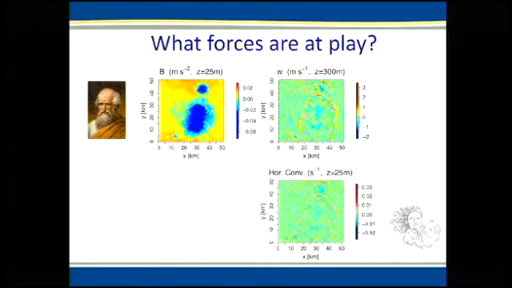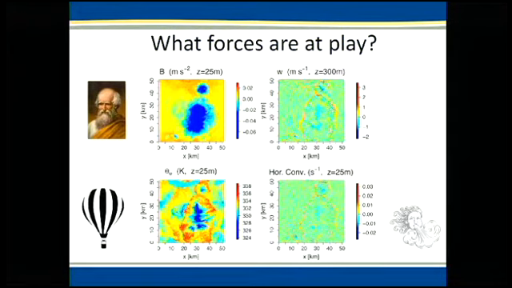But then one thing that Adrian Tompkins showed about 15 years ago is that if you look at thermodynamic quantities, such as the equivalent potential temperature, theta E, and the equivalent potential temperature, very roughly, is the temperature the air would have if you converted all the latent heat of water vapor into sensible heat of the parcel. So it's measuring not just the actual temperature, but also the contribution from water vapor.